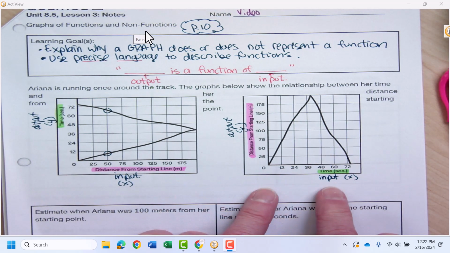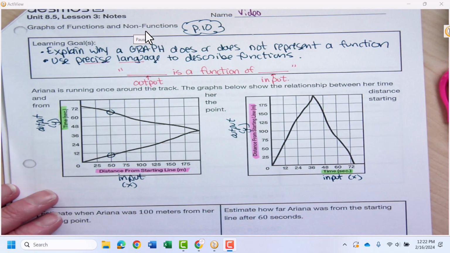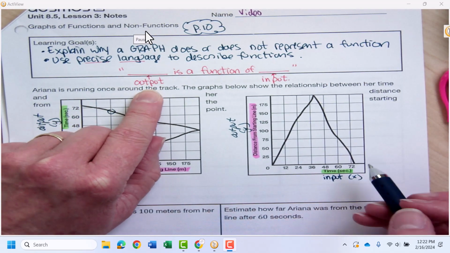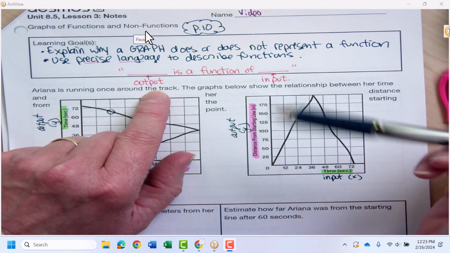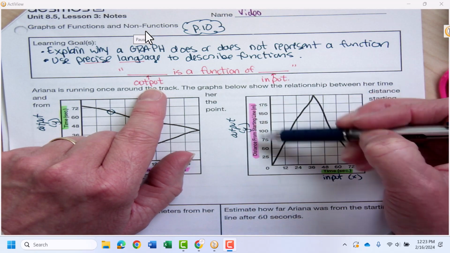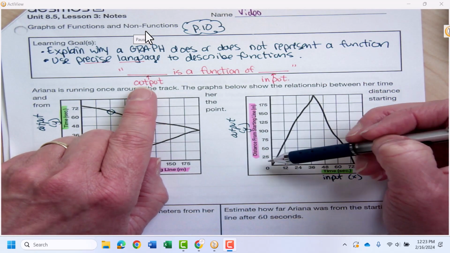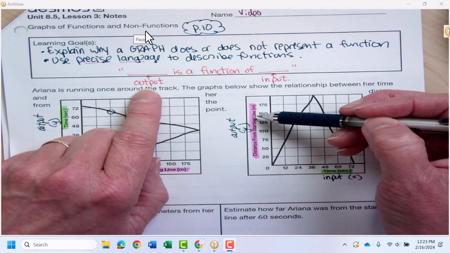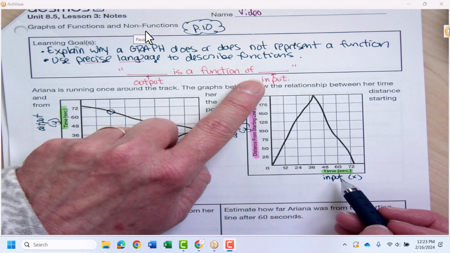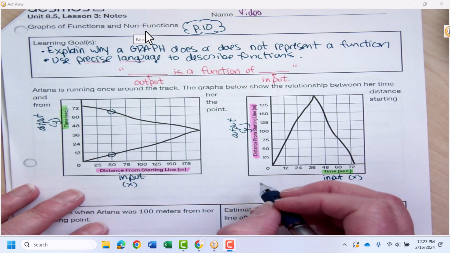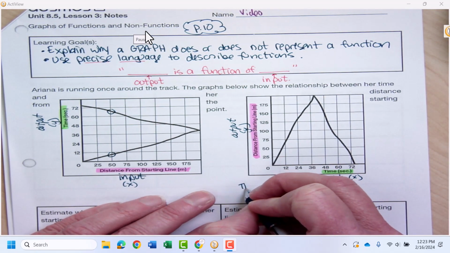Let's use our language to describe what we're seeing here. And I'm going to come back up to our little statement here. If we have a function, then you might hear mathematicians say that the output is a function of this input. So we're just going to fill in the blanks here. The distance from the starting line is a function of the time in seconds. So we're going to start with the output. I'm going to write small.